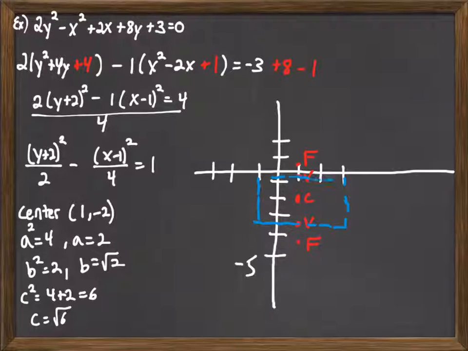And that allows us to construct what's called the auxiliary rectangle, going 2 units left and right for each vertex, and drawing in that rectangle. Again, the 2 comes from the denominator of the minus term. A squared is equal to 4, so A is equal to 2.